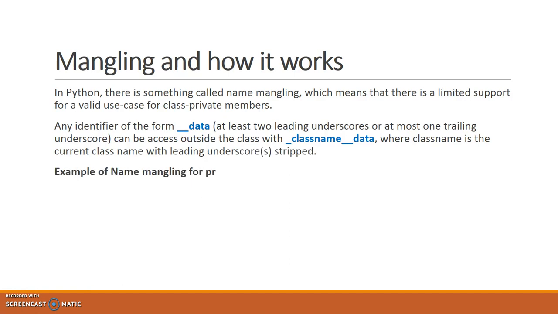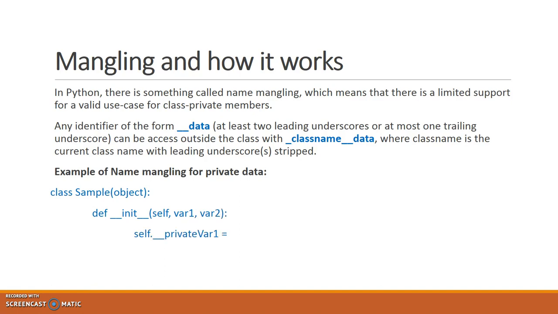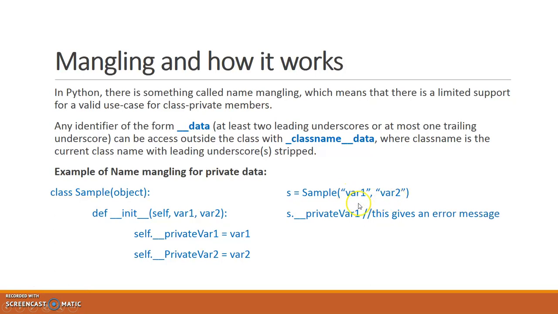Example of name mangling for private data. So let's see how private data is declared and how you can access it outside the class. Here the double underscore represents a private instance variable, and this variable cannot be accessed outside the class. To access it outside the class, there is the concept of name mangling. Here we are declaring one sample class and an object of the sample class, by passing var1 and var2.